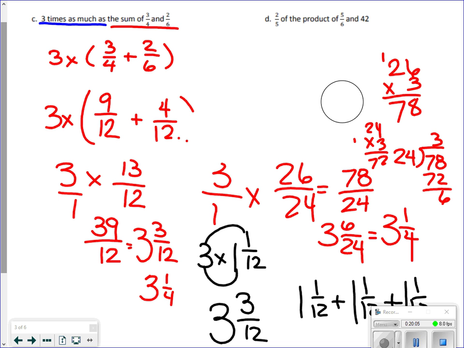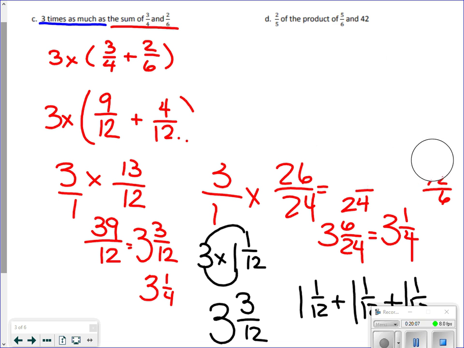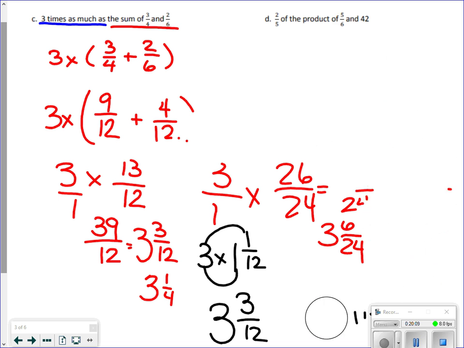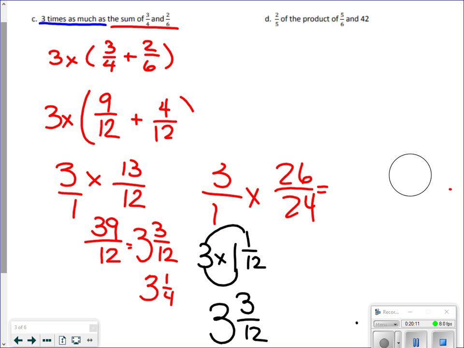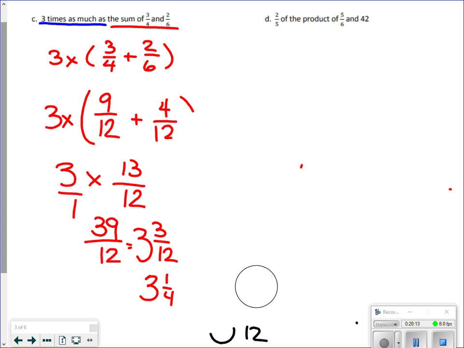Okay. So the next problem. 2/5 of the product of 5/6 and 42.